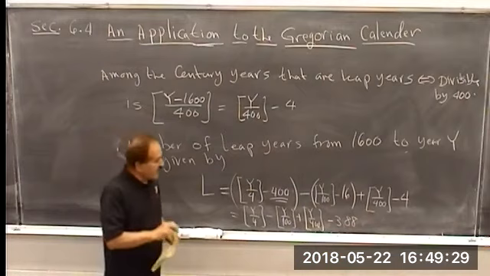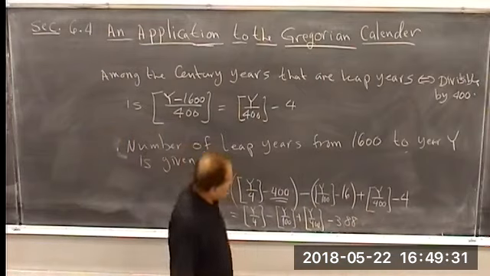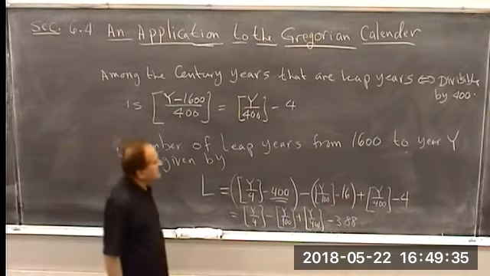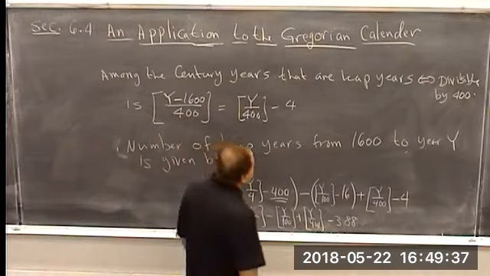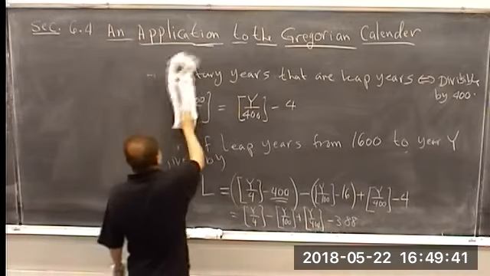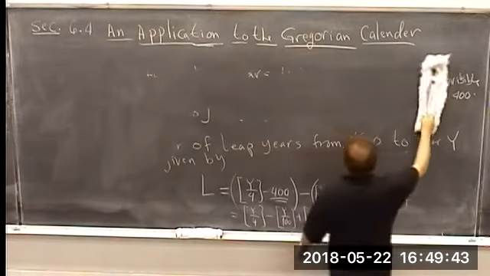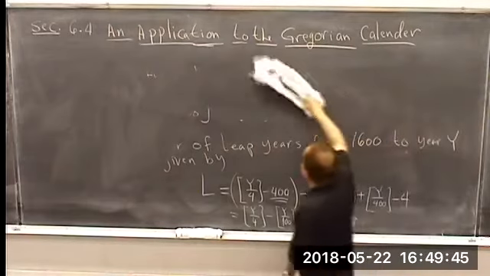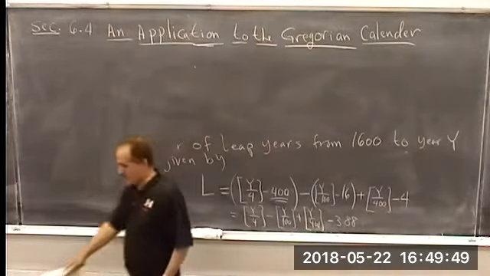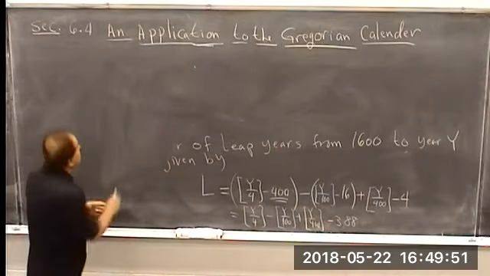All right, well, let's look at an example. Again, presenting a lot of formulas. Let's find how many leap years there are since 1600 to 1995. Okay, so let's calculate the number of leap years. So here's an example.